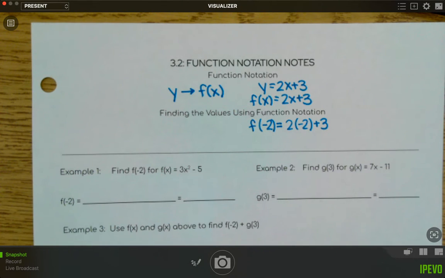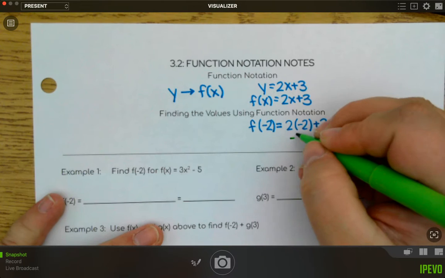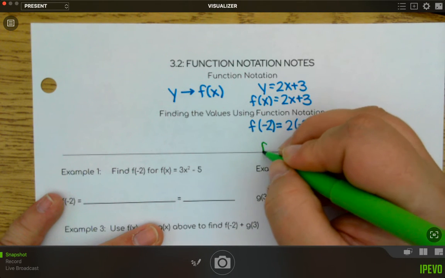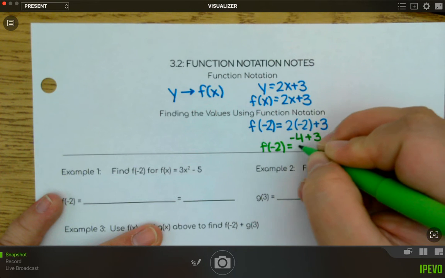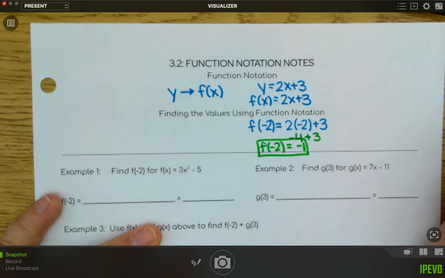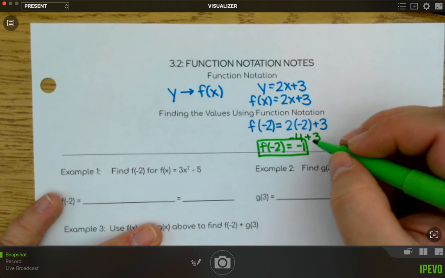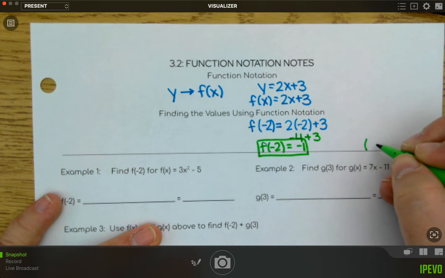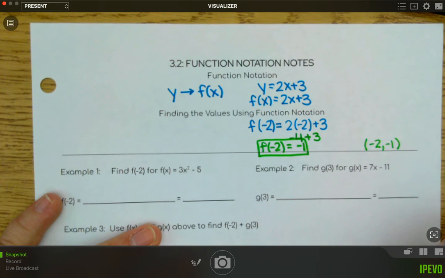So you're going to do 2 times -2, which is -4, plus 3. So basically we end up with f of -2 equals -1. And that's the answer. For this whole function, f of -2 is always -1. This is also just the same thing as saying that there's a point (-2, -1).